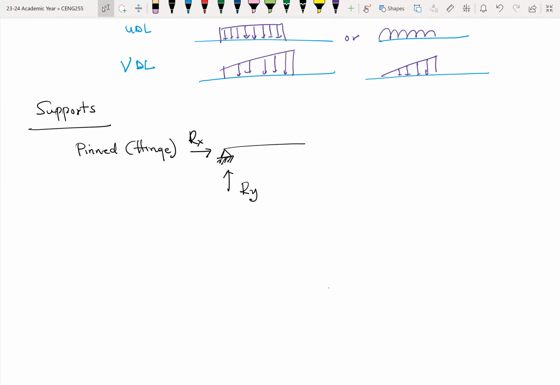So a pin support is a hinge. The hinge on the door in the lab right now can rotate, and that's how you can open the door, right? Because it can rotate, it means that it has no resistance to rotation or to bending. For that reason, the resistance to that rotation becomes zero, and that's how come MA, the moment at that point, is zero.